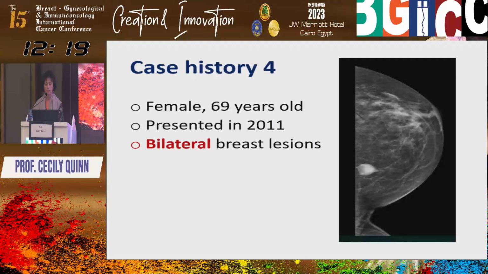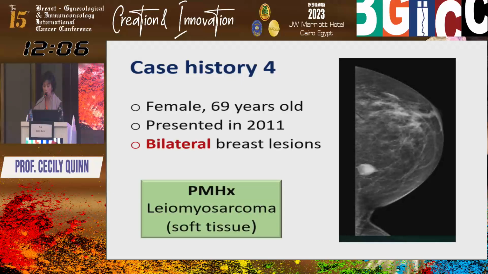Now my final case history then is a female of 69. She presented in 2011 with bilateral breast lesions. Now, this came from core biopsy from the radiologists, who are very good at giving us information. And they told us at the time of biopsy that this lady had a past medical history of a leiomyosarcoma.